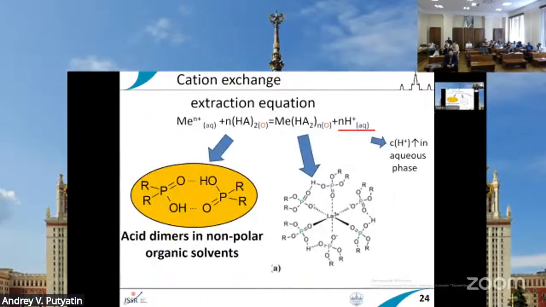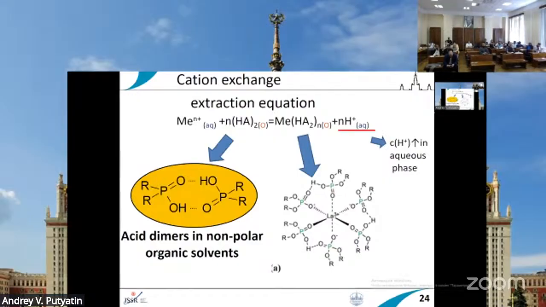That's why when they occur in the organic solution, they try to connect the hydrophilic heads of these molecules, and in the organic phase, the aliphatic chains are outside. So in general, all of these acids are present as dimers in non-polar organic solvents.